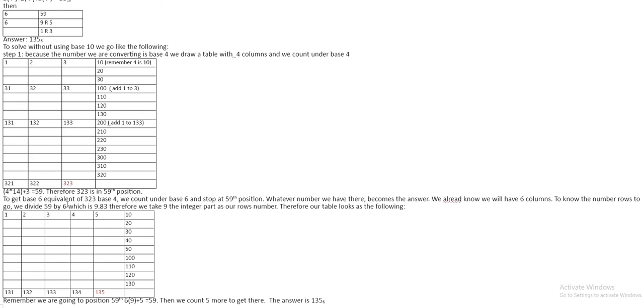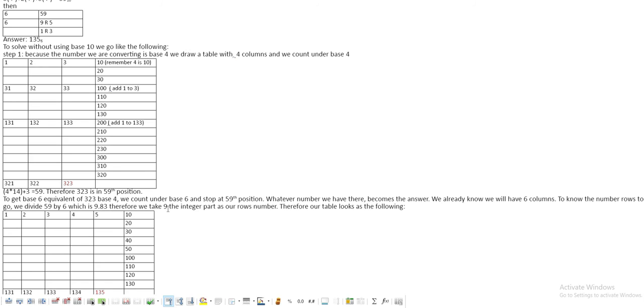To get the base 6 equivalent of 323 base 4, we count under base 6 and stop at the 59th position. Whatever number we have there becomes the answer. We already know we have 6 columns. To know the number of rows to go, we divide 59 by 6, which is 9.83.